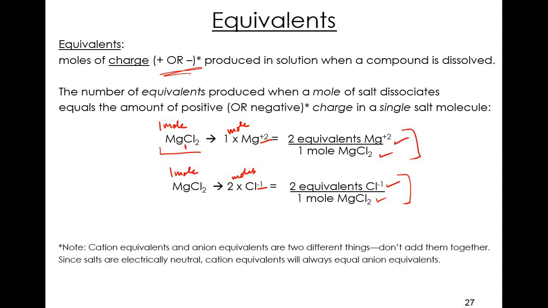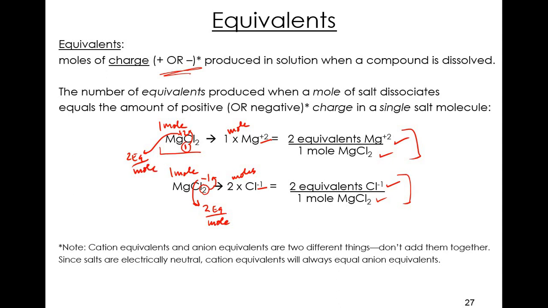So in magnesium chloride, we could look at the chloride half of the salt: it has a subscript of 2, and each chloride has a charge of -1, so 2 times -1 is, well, absolute value, 2 equivalents per mole. Or you could look at the magnesium side: subscript of 1, charge of 2, 1 times 2 is 2 equivalents per mole.